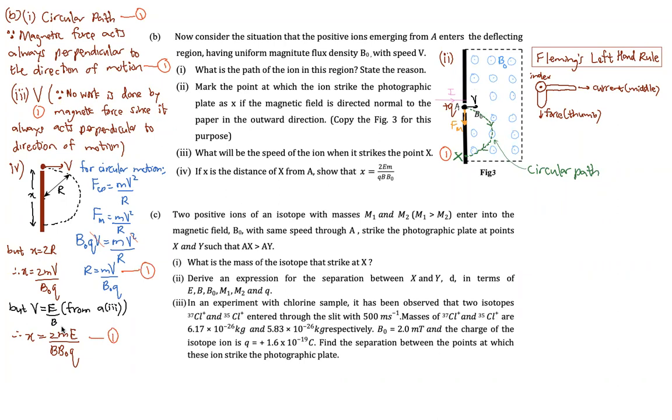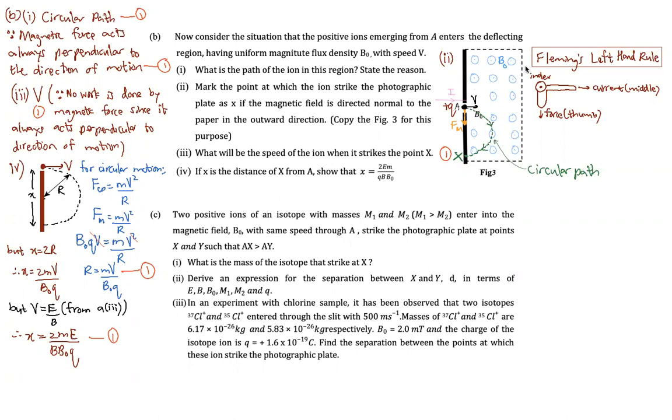Sorry, how many of you got this? Good job. It's all about applying the equations you know for magnetic field and combining everything. So these are the answers for B 1, 2, 3, and 4.